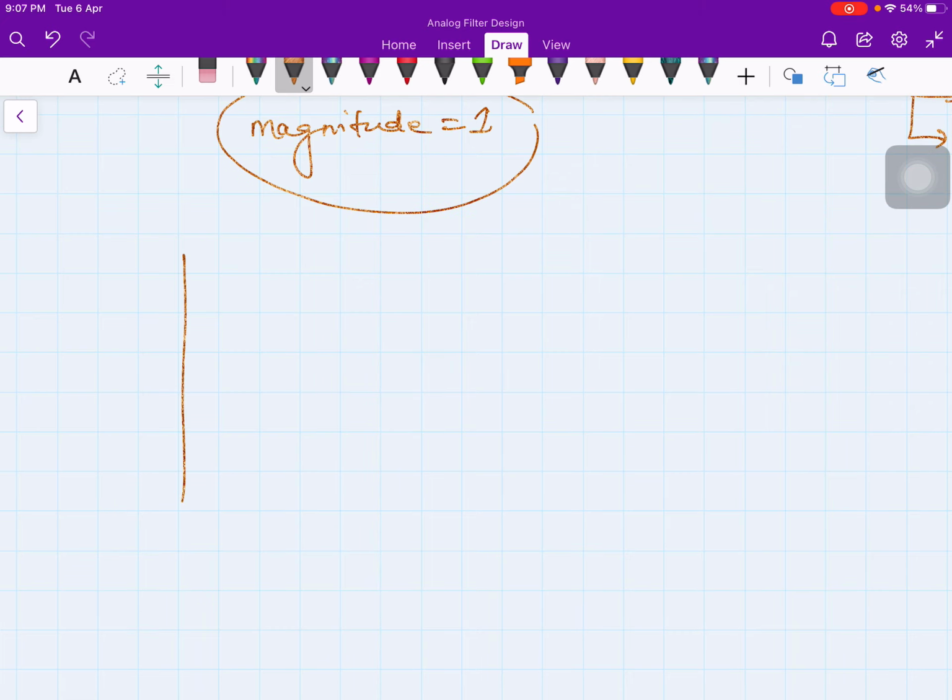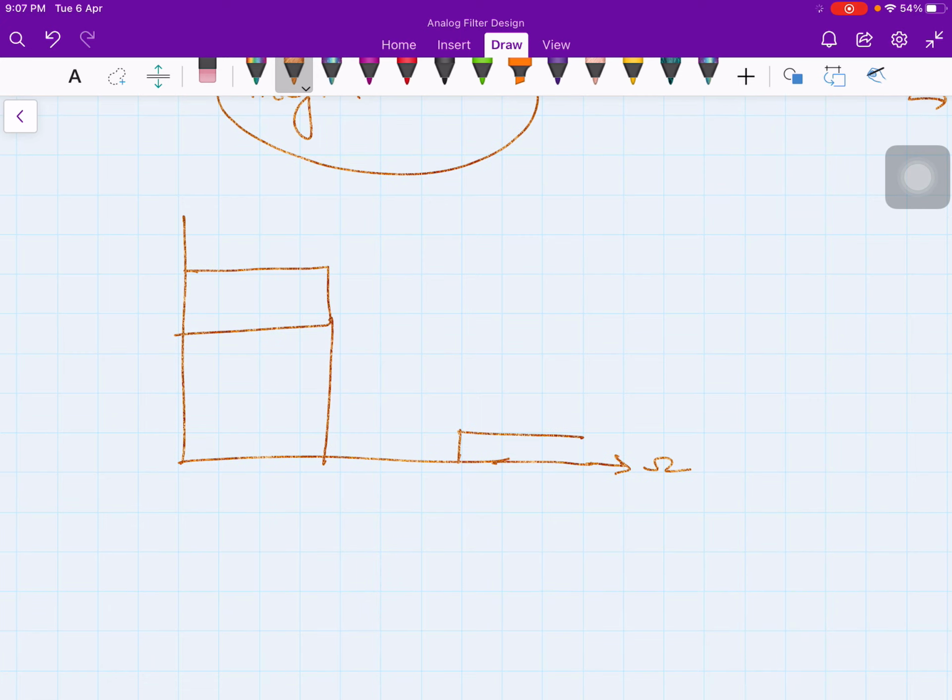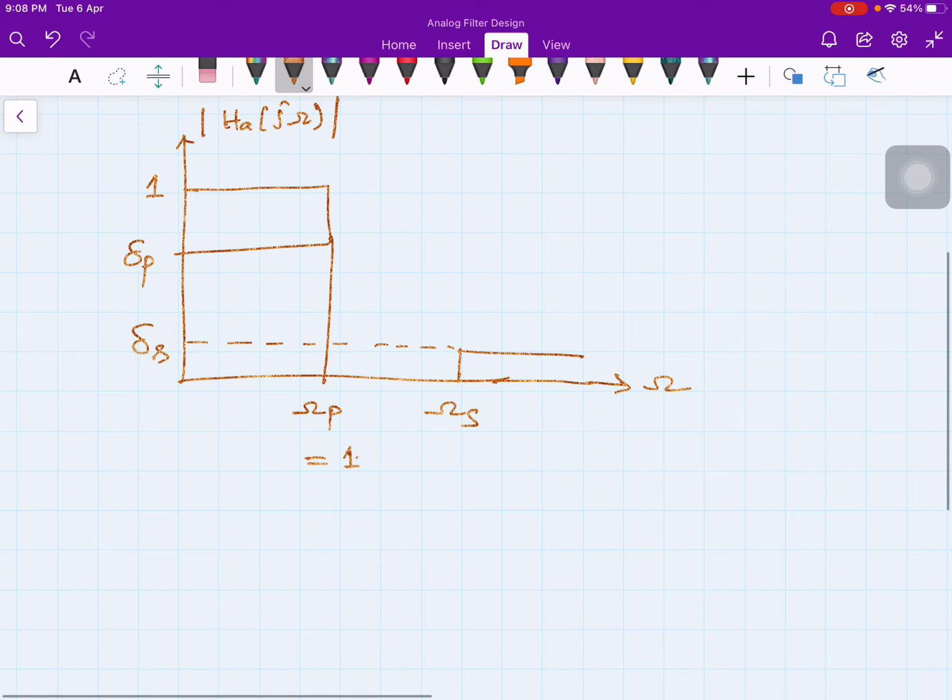Okay, so let me draw a figure. So this is my pass band, and the x-axis is frequency in radian per second, y-axis magnitude, HA of j omega magnitude, and this point is 1. So the amplitude is normalized to 1, and this is delta p, and this one is delta s, and this is omega p and omega s, where omega p is equal to 1 radian per second.